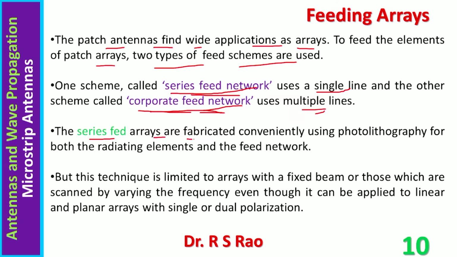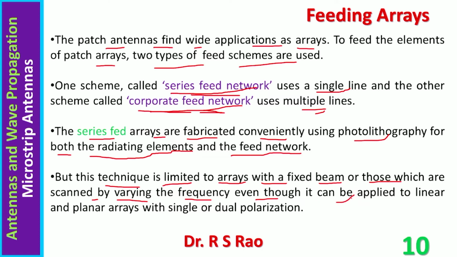Series feed arrays are fabricated conveniently using photolithography for both the radiating elements and the feed network. But this technique is limited to arrays with a fixed beam or those which are scanned by varying the frequency.